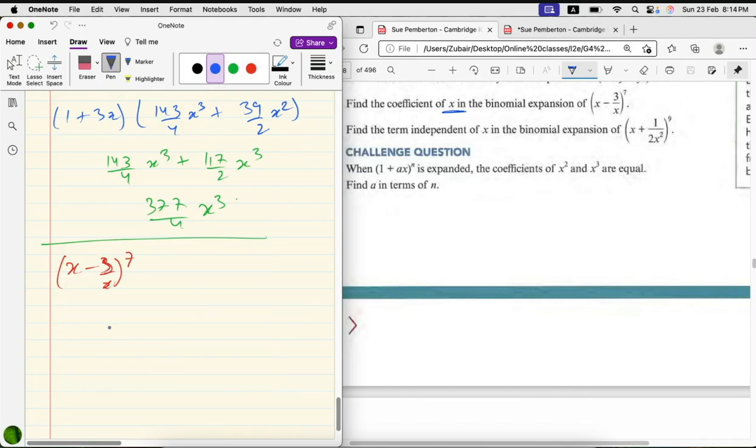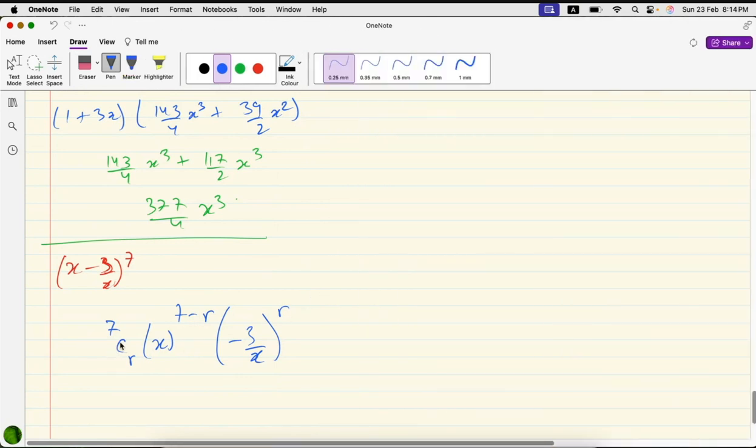Whatever term it will be, would you agree that this will be 7cr a 7 minus r and b r? Would you agree? Whatever, it will be something.